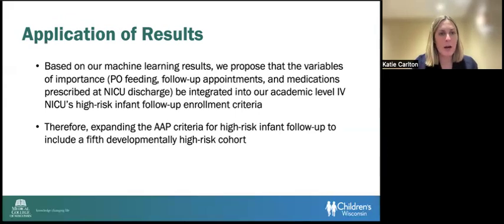So now the question becomes, how do we apply our results? Based on the machine learning results that we had, we proposed that the variables of importance be integrated into our academic level 4 NICU's high-risk infant follow-up enrollment criteria, therefore expanding the AAP criteria for high-risk infant follow-up to include a fifth developmentally high-risk cohort.